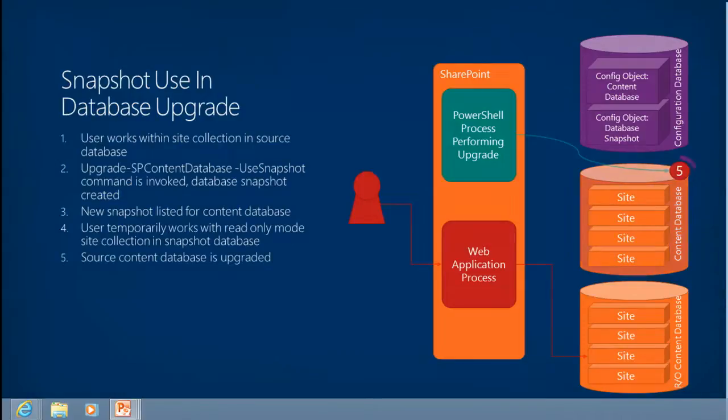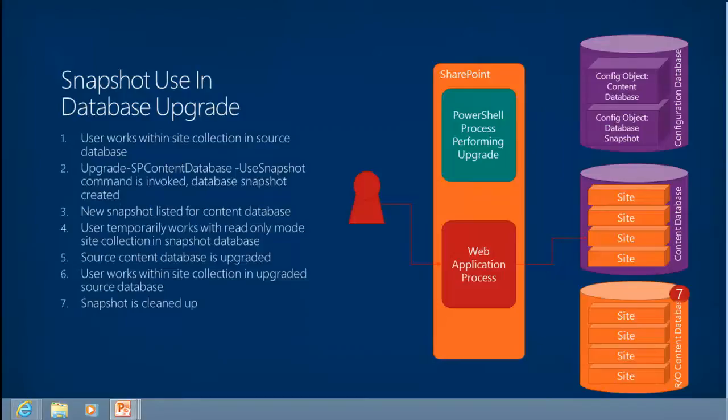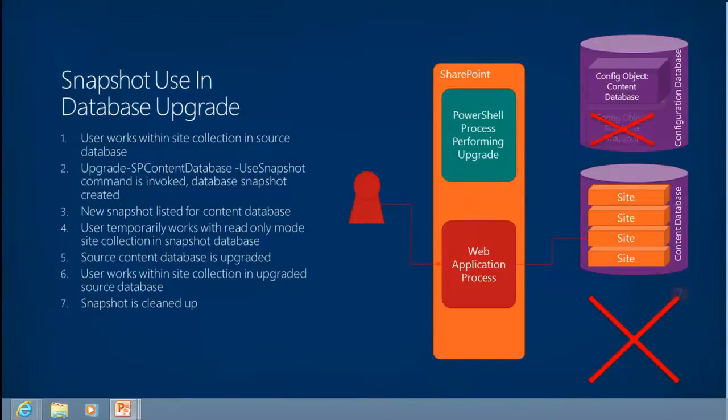So the user's taken care of. But in the background now, we need to upgrade the database. And notice I've left the site collections here back in the original orange color because I skipped all the site collections. Upgraded the database, none of the site collections, and now that everything's fine, I repoint the users back to those site collections again. But then I have to clean up. So clean up the snapshot. I go in, I get rid of it, and we're back to a working state again.